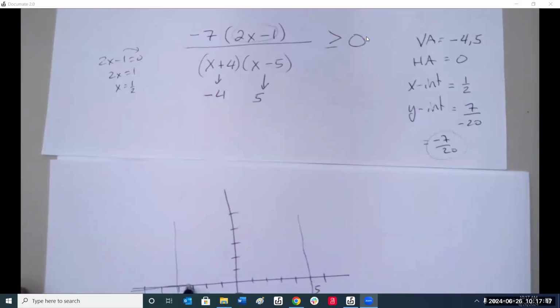The horizontal asymptote is the x-axis. The x-intercept is 1/2.